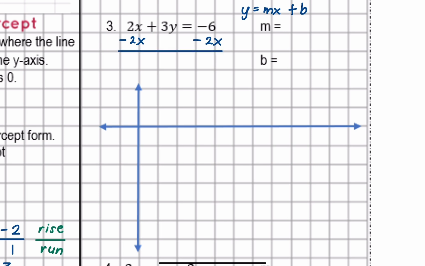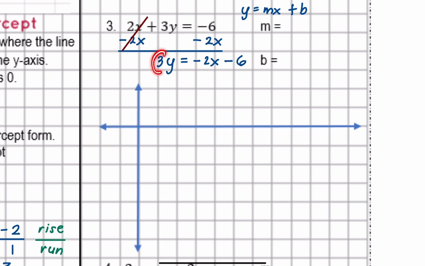2x minus 2x is 0. That will be cancelled. And then bring down 3y is equal to negative 2x. Now, since the sign of 6 is negative, we write negative 6 or minus 6.